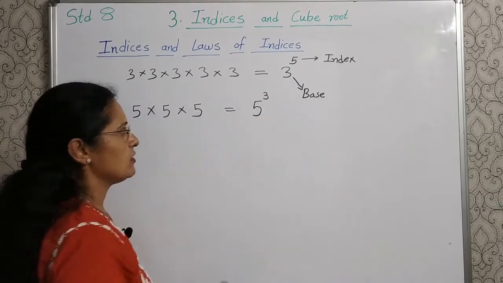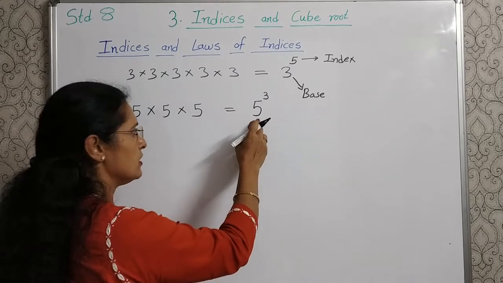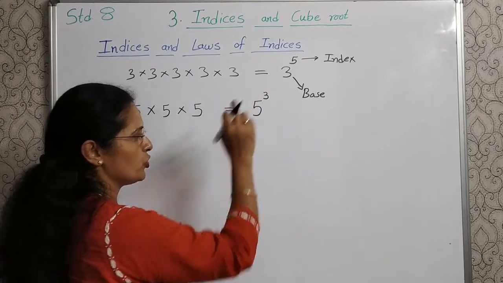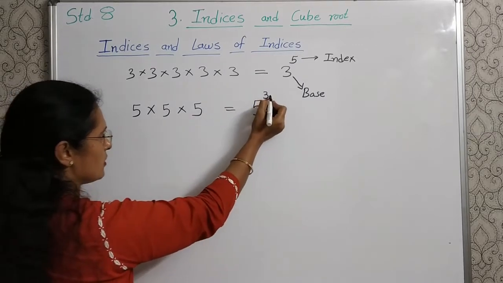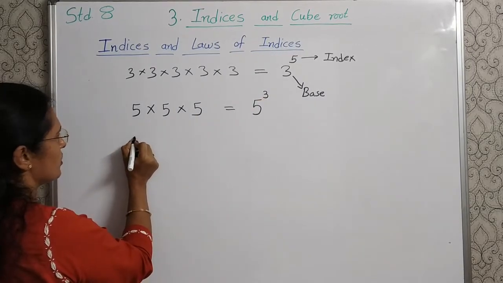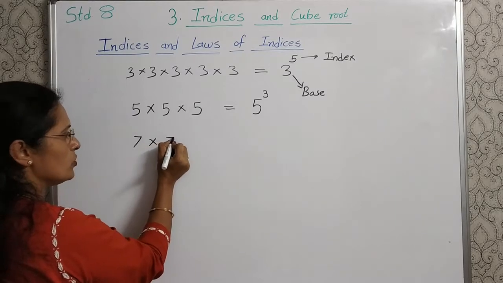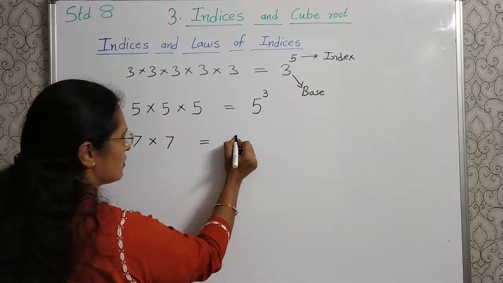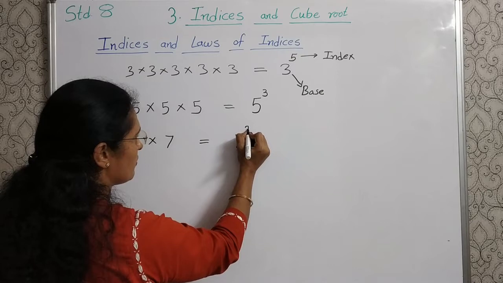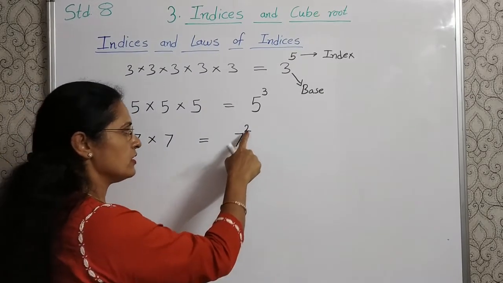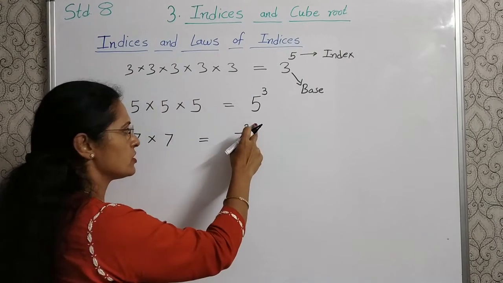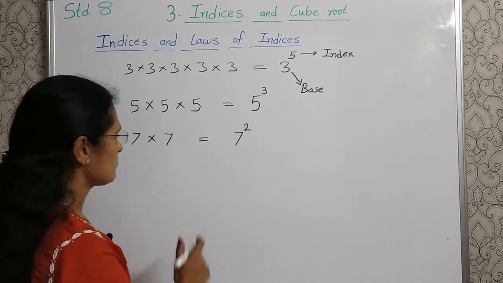Whenever 3 is there as index, we read it as 5 cube. And if 2 is there at index place, so if 7 into 7, then 7 here and 2 will be as index. So we read it as 7 square or square of 7.